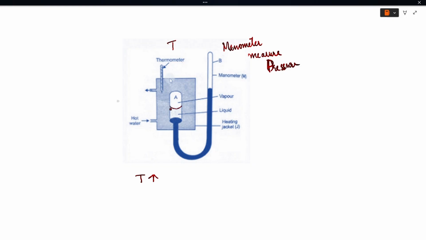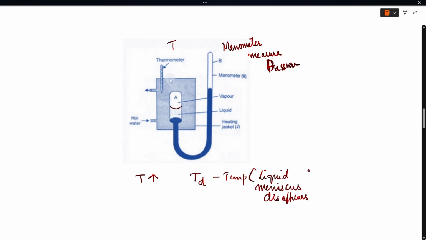What happens is the meniscus goes down, showing that the vapor phase is increasing, that is, liquid is getting converted into vapor, and you will get a temperature at which the liquid meniscus disappears. So, we are going to note the temperature as TD, which shows that this is the temperature at which the liquid meniscus disappears.